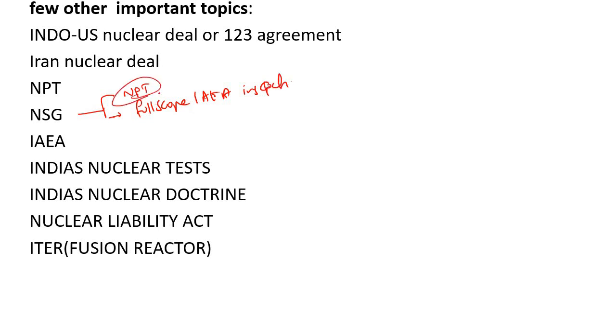Okay, NPT should be signed and also IAEA should be allowed to inspect. Full scope means no division between civil and military reactors. Every reactor that is present in that country, now or in future, should come under IAEA inspection. China is saying these two clauses are a must, but India is saying NPT is optional. So a lot of debate is there. But finally China is not allowing India to get membership of the NSG.